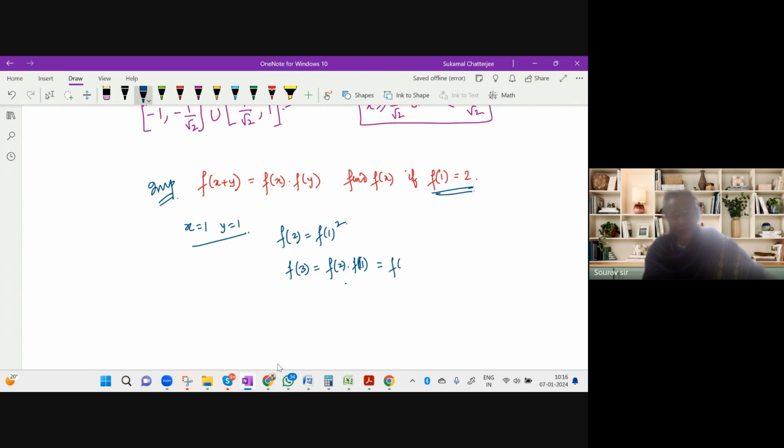So this is f of 1 whole cube. Similarly, f of 4 becomes f of 2 into f of 2, which is f of 1 to the power 4. If you continue like this, f of n becomes f of 1 to the power n, which means f of x will be f of 1 to the power x.